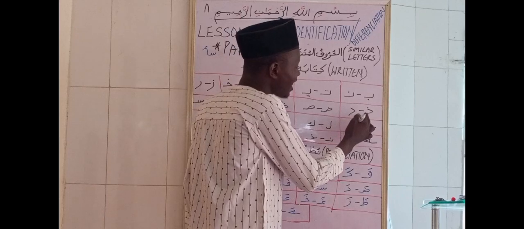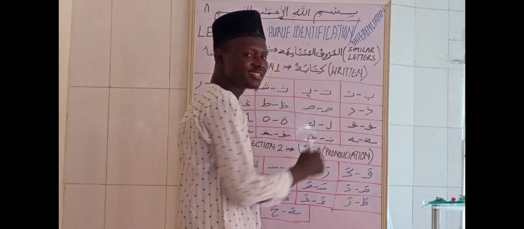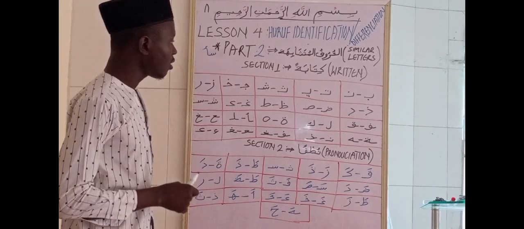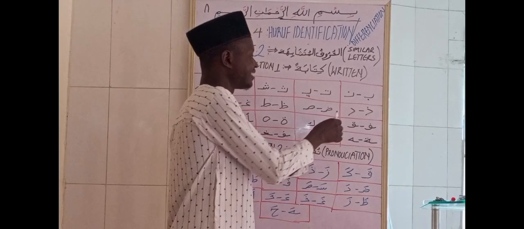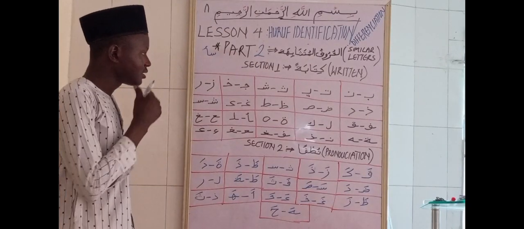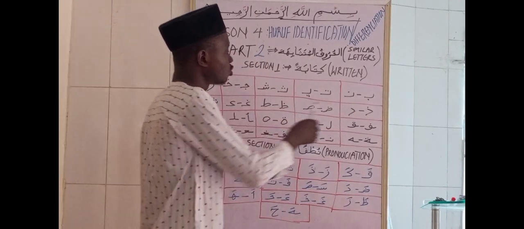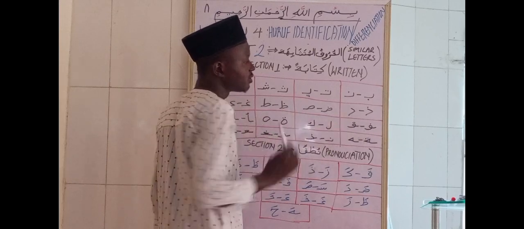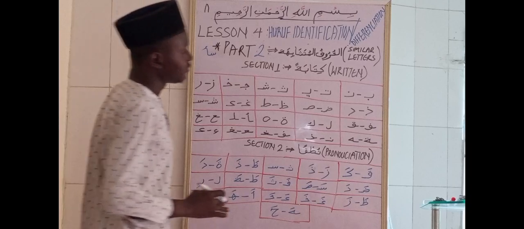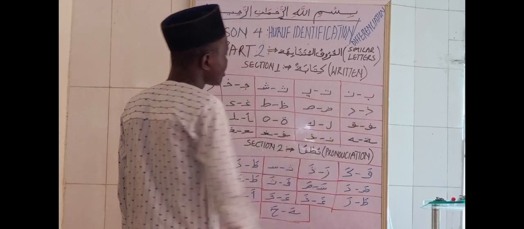Okay. That with the frontal part of your tongue and the upper teeth, and da with the frontal part of the tongue and the upper palate. So you are going to see they have the same shape, but the number of dots differ. This one has no dots, this one has a single dot.